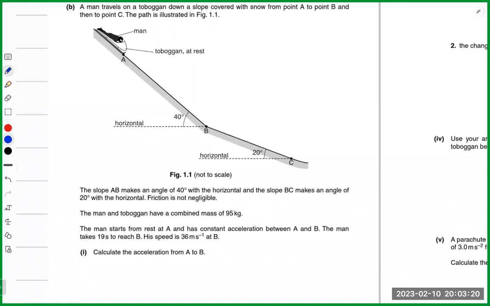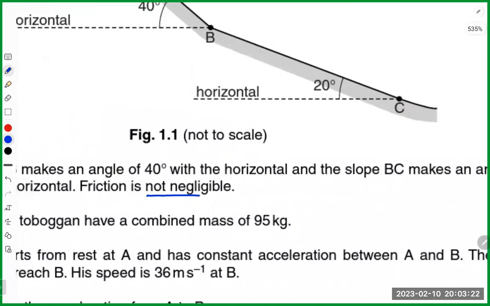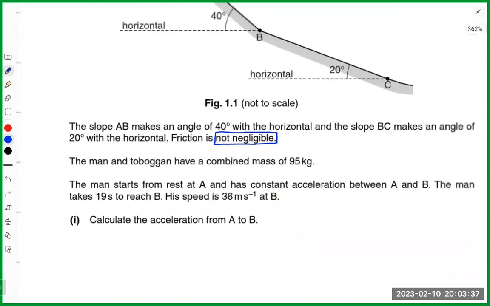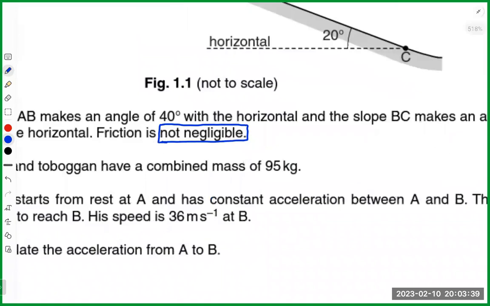Friction is not negligible. So it means that the force of friction is a significant force over here. So we cannot just simply say that we are ignoring resistance. It means resistance will be making a difference. The man and the toboggan have a combined mass of 95 kg.